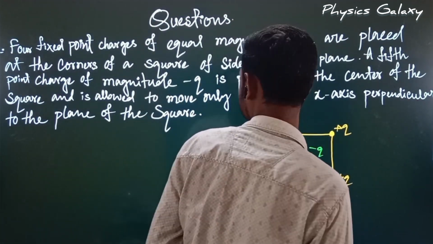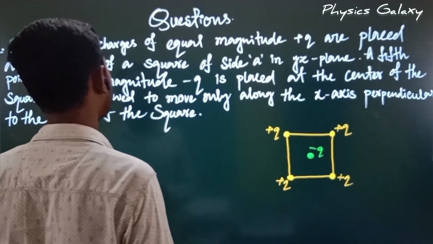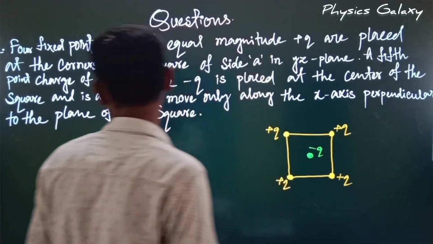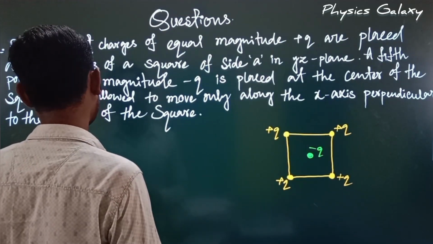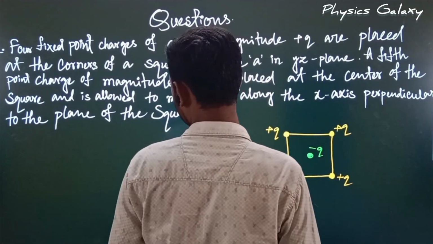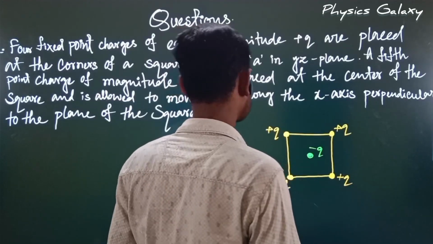And a fifth point charge of magnitude minus q is placed at the center of that square and is allowed to move only along the x direction, perpendicular to the plane of the square.